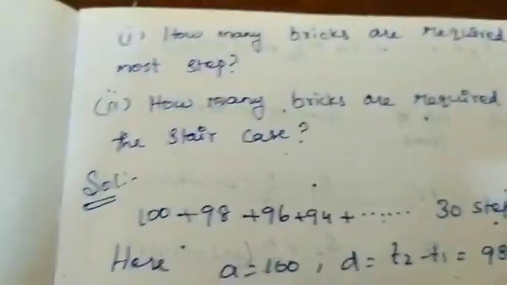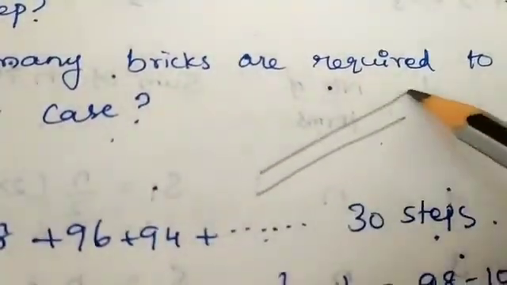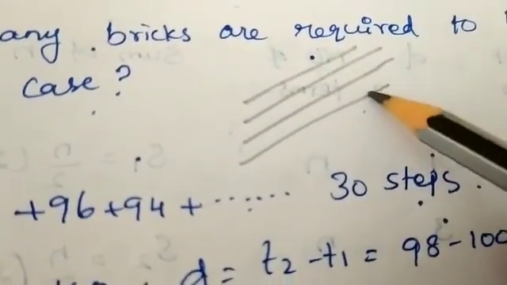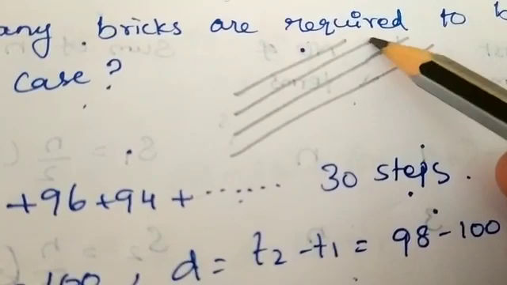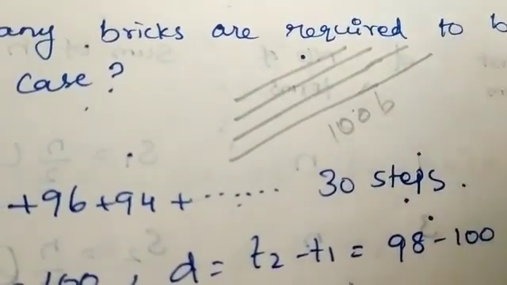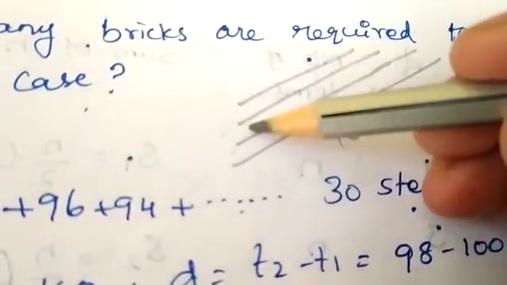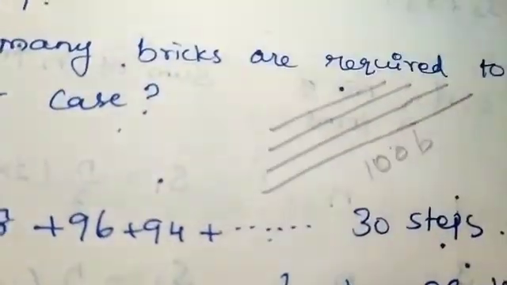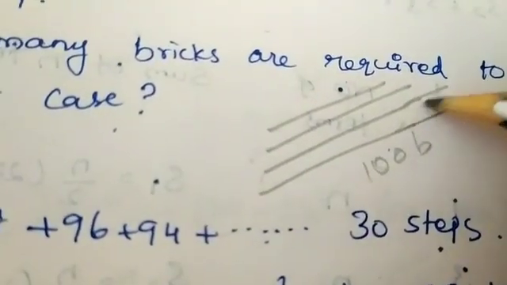Okay, now you see these are the steps. So this has 100 bricks. So they have told that to the successive steps upon it, it will become minus 2, minus 2.